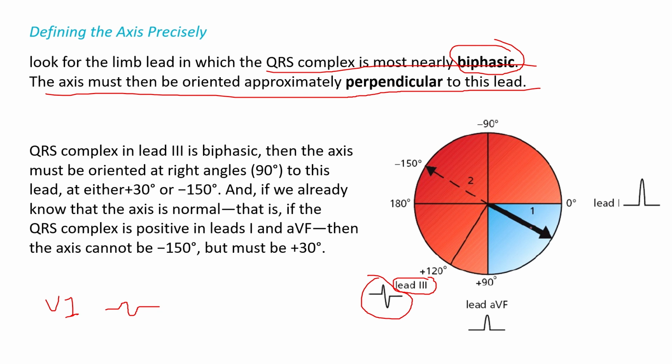And we have already known from lead 1 and AVF that the axis is normal. Both of them are positive, so the axis is normal, but we want to know the angle of this axis. So you find the limb lead which has a biphasic QRS complex. In this case, it was lead 3.